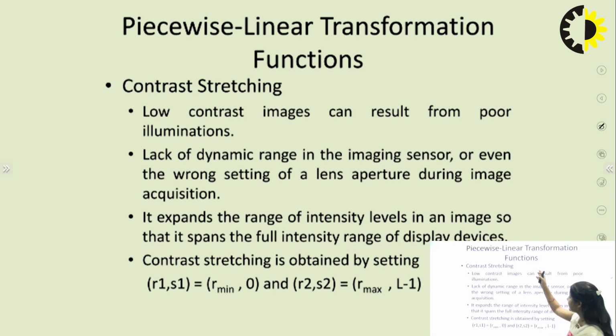So we just perform the piecewise, means we divide the image into different blocks and then apply a different method on that block so that we can enhance only the particular section.